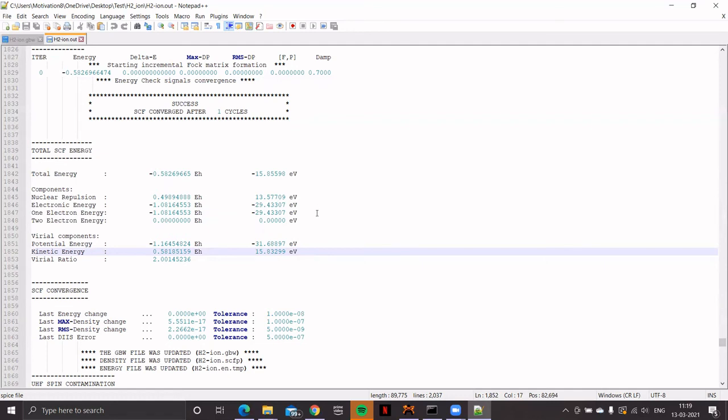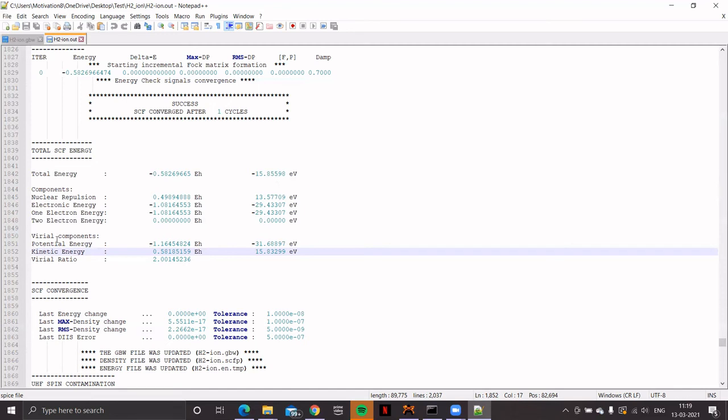So the nucleus-electron interaction will be minus 29.43307 and minus 15.83, that means some value around minus 45 will be the potential energy due to the nucleus-electron interaction. And then you sum the kinetic energy and this nuclear repulsion, again you will get that value, minus 15.8.